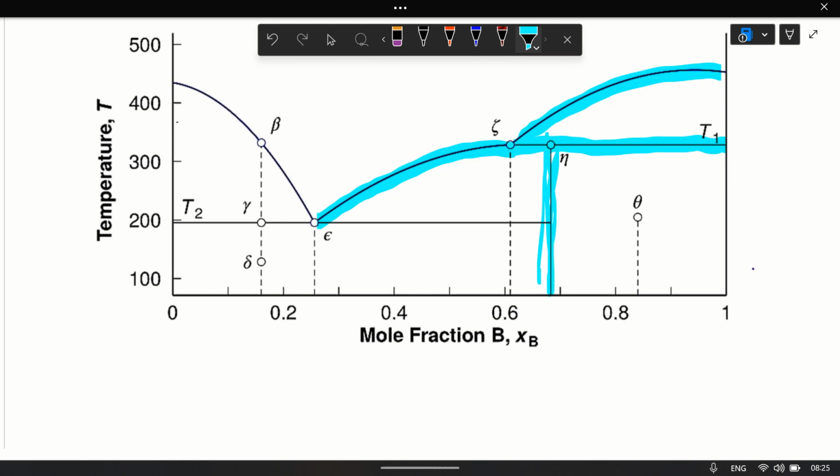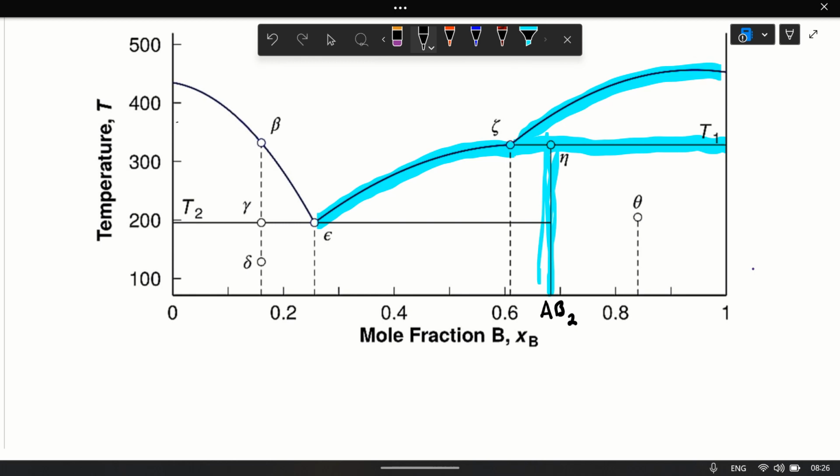So around about 0.62-ish there, the intersection of the liquidus curves, or the point eta at 0.67, will indicate incongruent melting, because of course the compound AB2, which forms here, decomposes before it reaches the liquidus curves, which is indicative of incongruent melting.